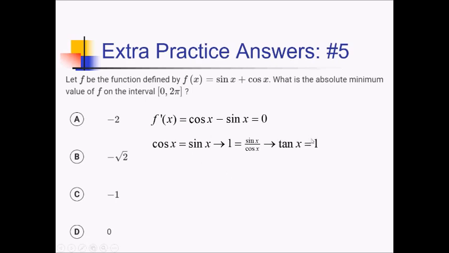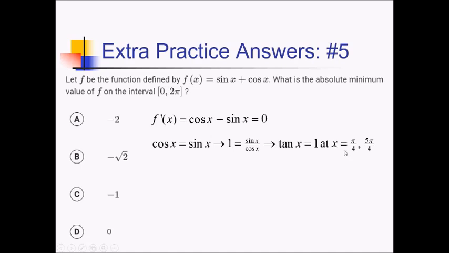And then inverse tan: tan has a slope of 1 between 0 and 2 pi at 2 places. Pi over 4, or 45 degrees, and also kitty corner 225, which is 5 pi over 4.